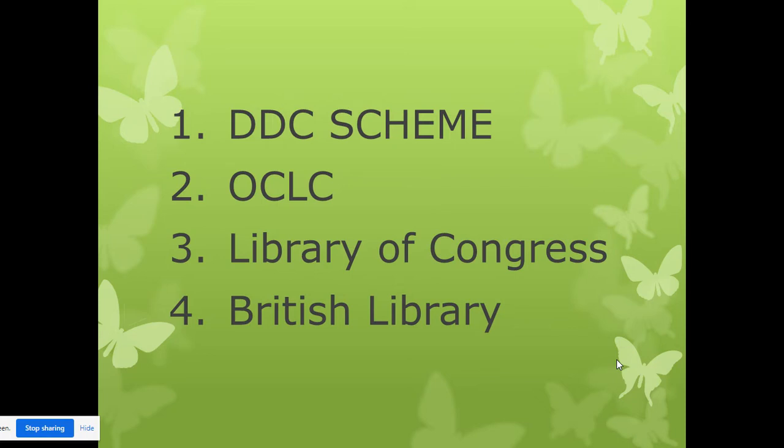Everyone knows what the DDC scheme is, but I already mentioned that you don't need to use it physically. This is the online DDC scheme, by which we can just write the title and we will get its classification number.